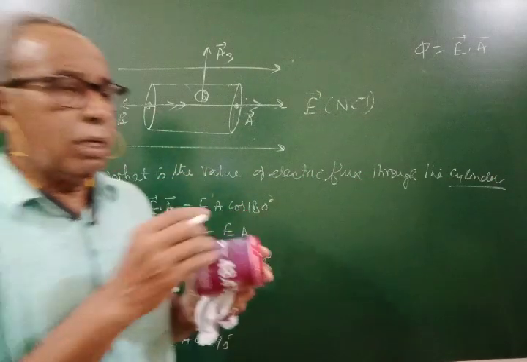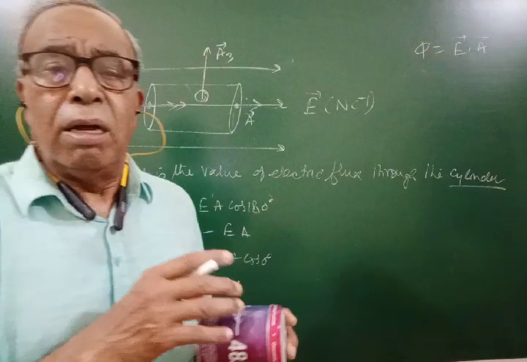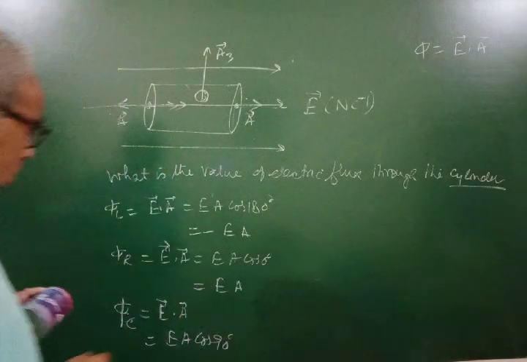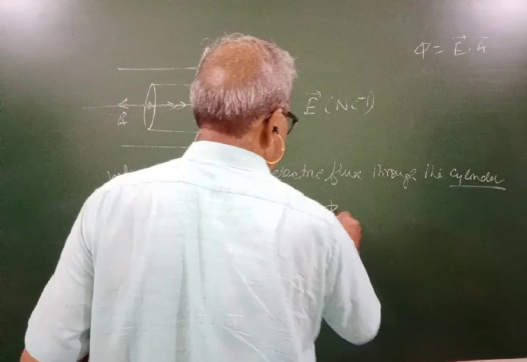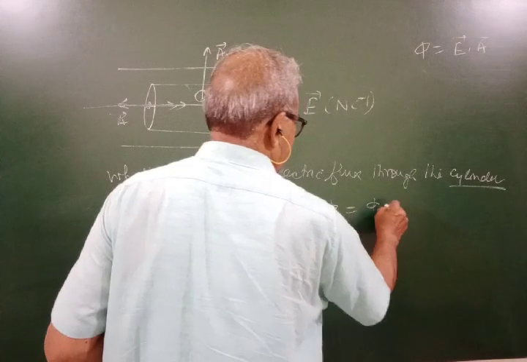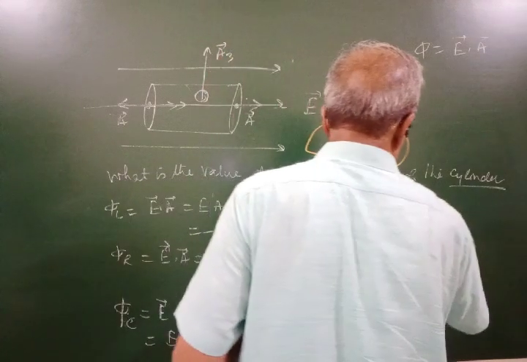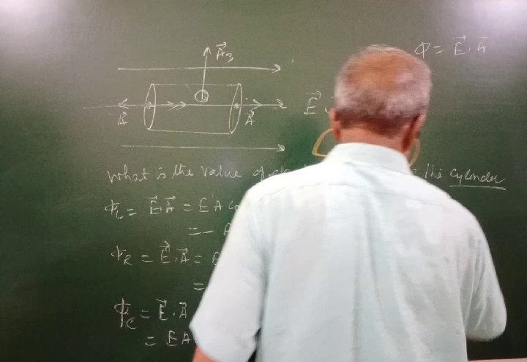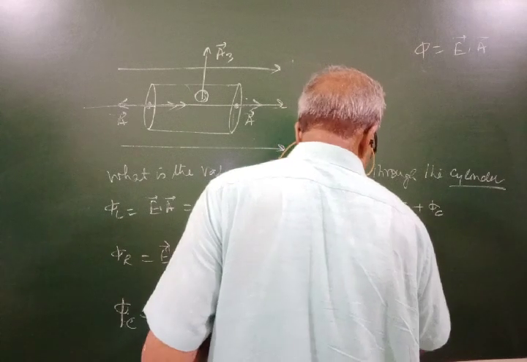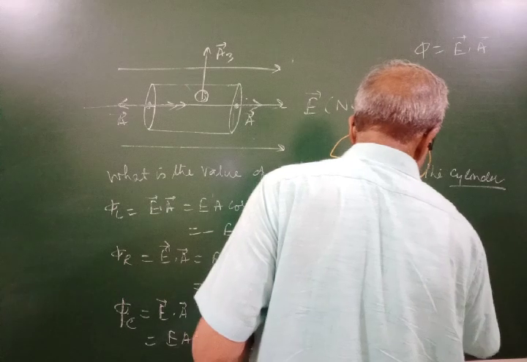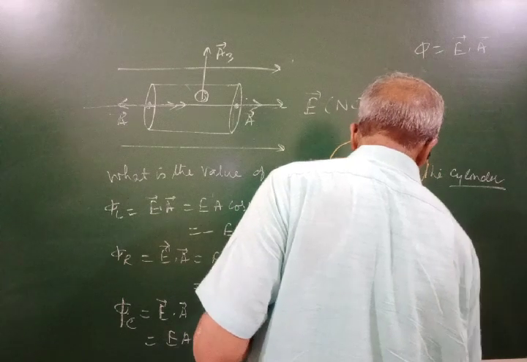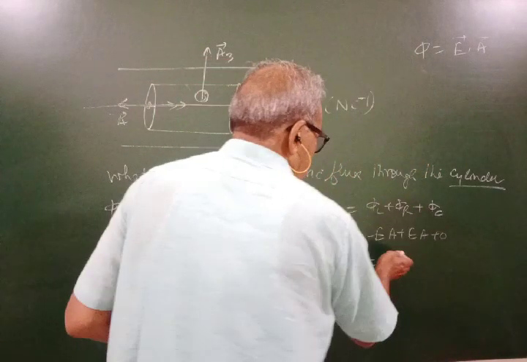So everywhere the electric field is normal to the curved surface, and that is 0. So total flux is phi left plus phi right plus phi curved surface, so minus EA plus EA plus 0. That is 0.